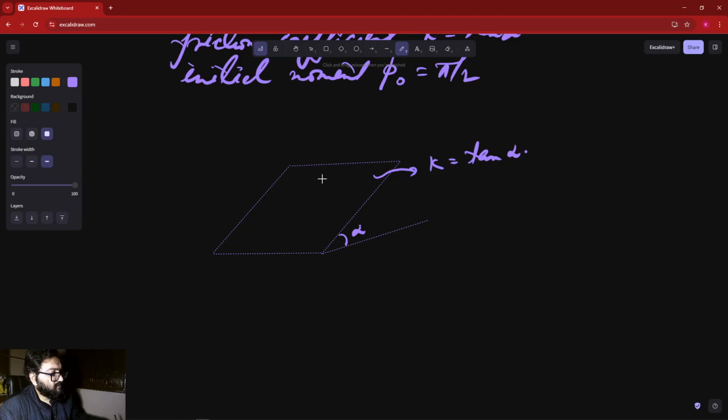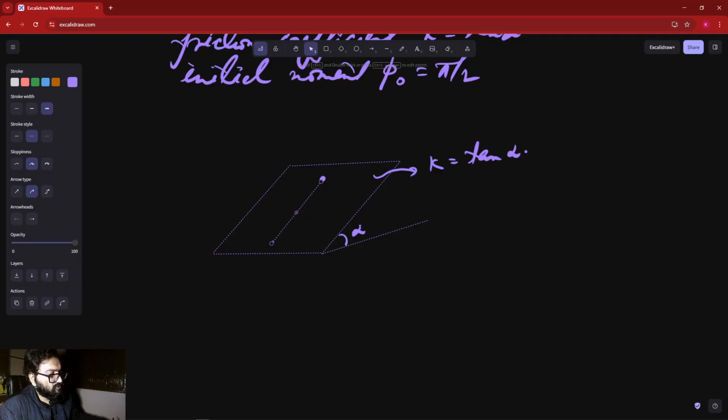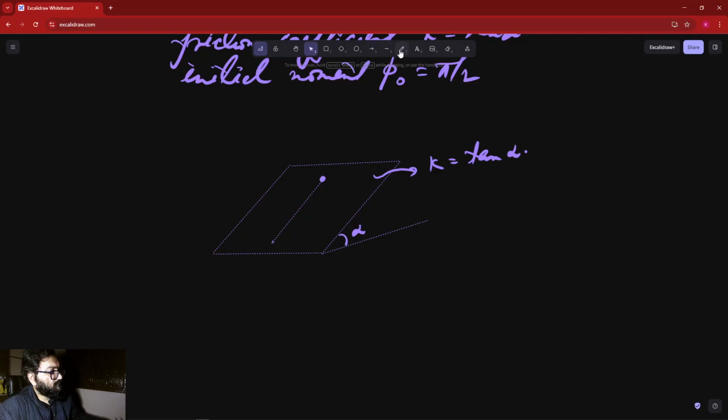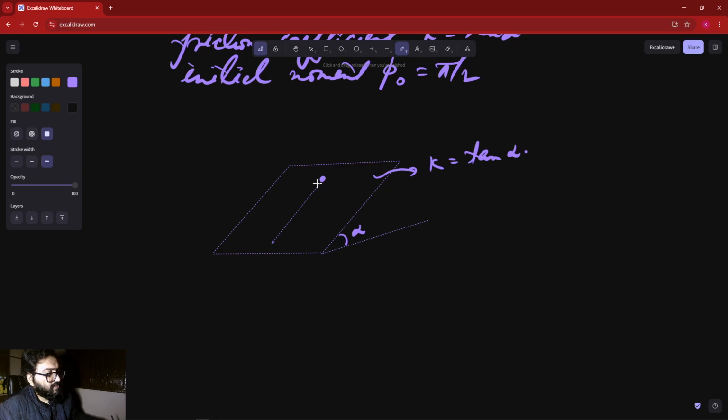Okay, I had a small body, a disk in this case. Initially this disk was imparted a velocity v0. Okay, so this is the direction of the inclination. And let's say at a particular point its velocity is v. So the angle between the direction of incline and the velocity is given to me as phi.